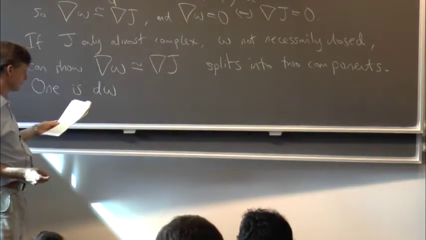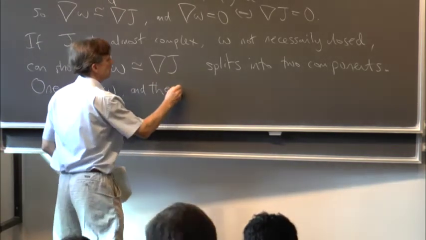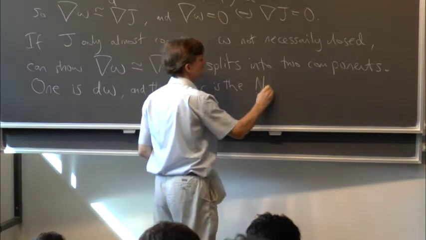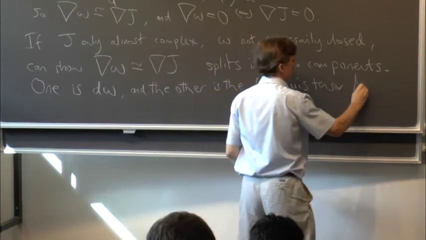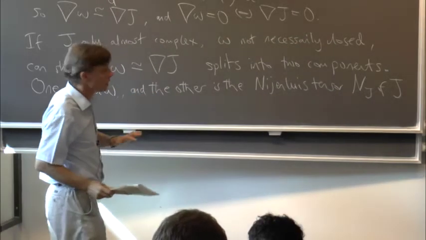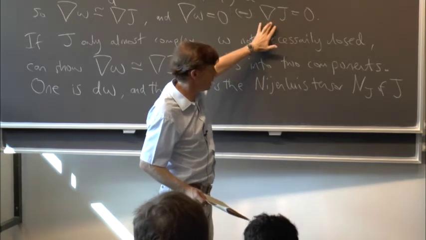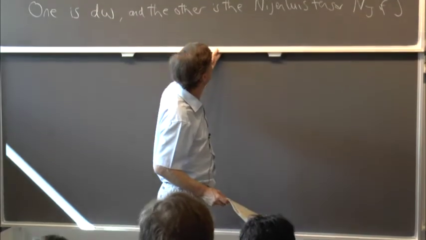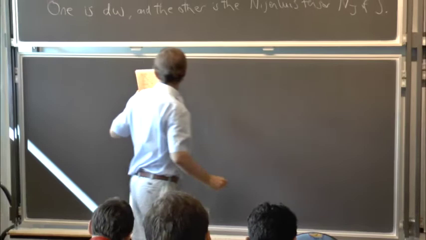So one is d omega, and the other is the Nijenhuis tensor, N_J of J, which is a component of the derivative of J, nabla J, with respect to any torsion-free connection, such as the Levi-Civita connection of G. Okay, so work to do to show that.